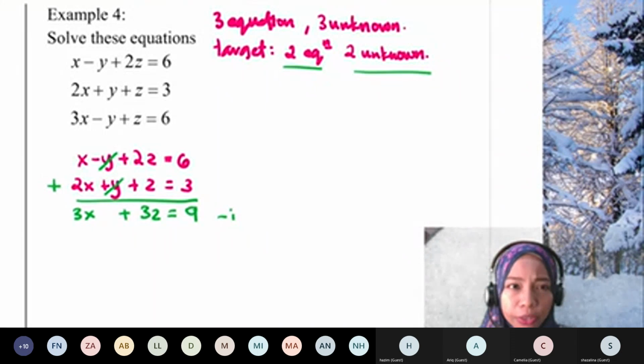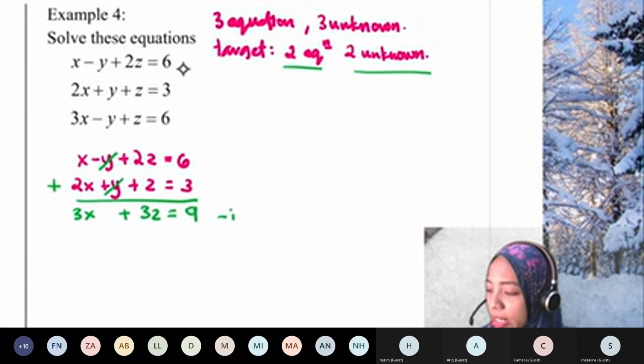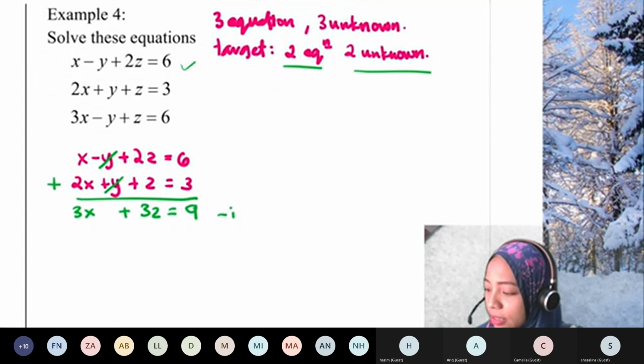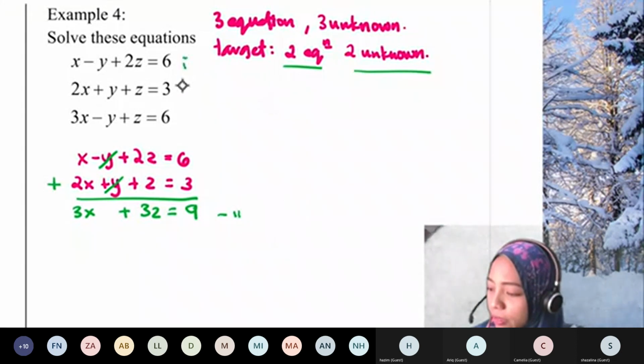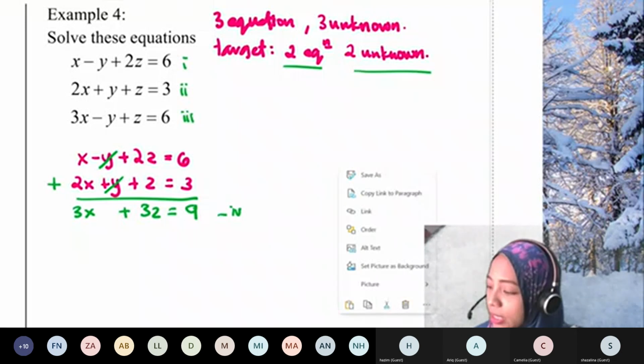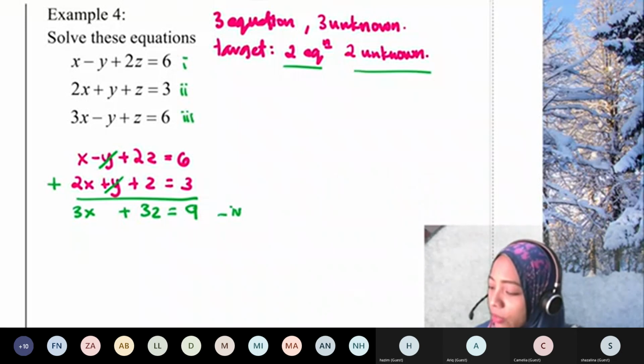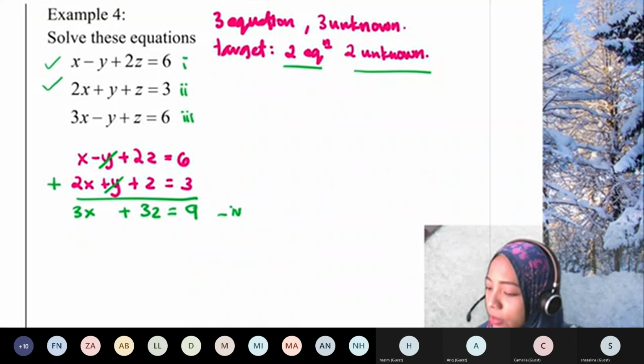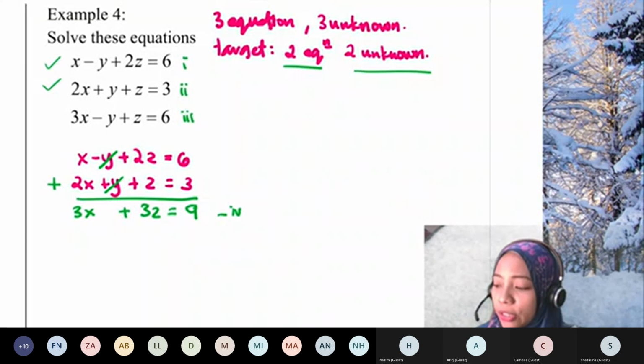Okay, now we are going to get another equation that consists of X and Z also. Just now we did the first one, so let's not call it first. Earlier, this is equation 1, this is equation 2, this is equation 3. How about we call this equation 4. Don't get confused.